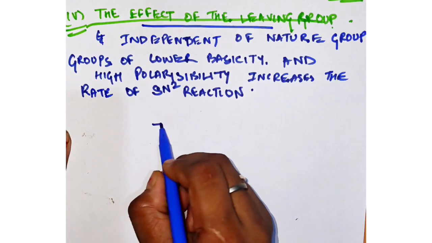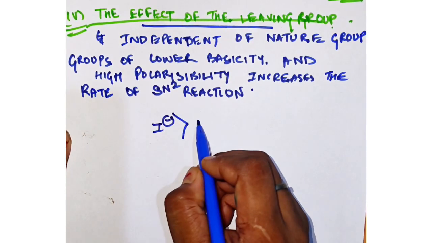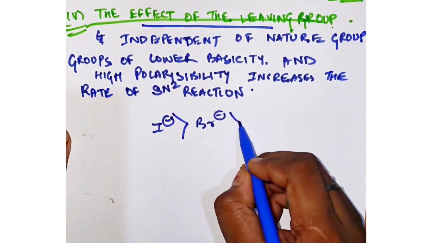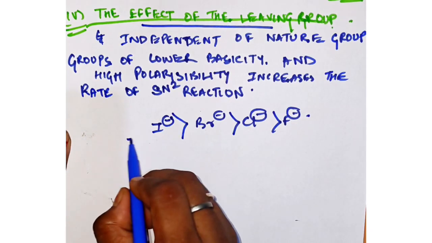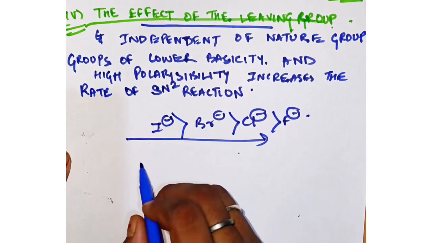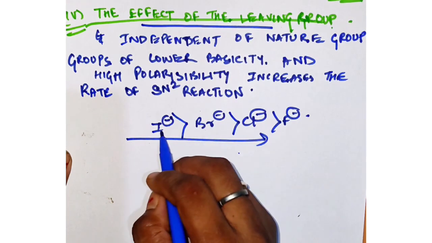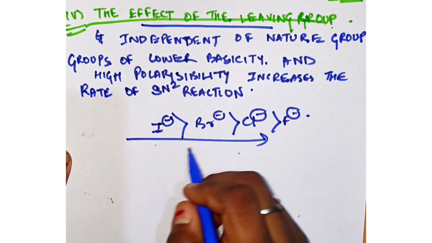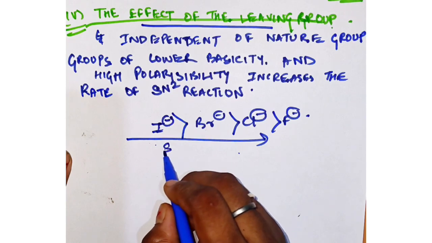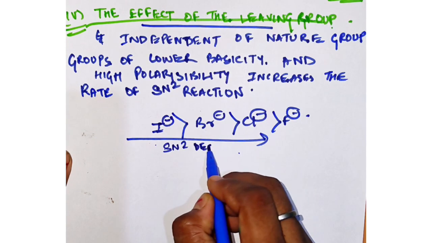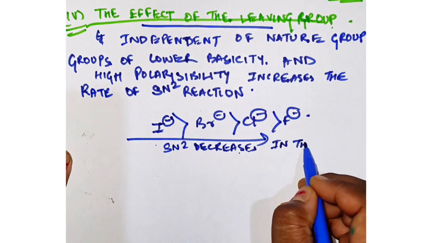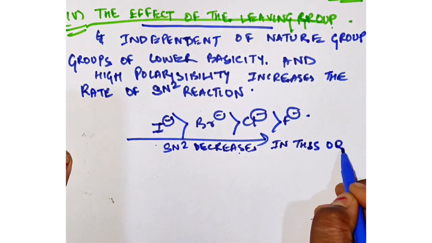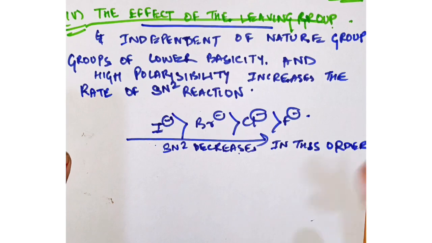Okay, for halide ions, I minus is more than Br minus, more than Cl minus, and more than F minus. On the other hand, this is a very good leaving group. So you can say the SN2 reaction rate will decrease in this order. Okay, so whether it is a good leaving group or not, it doesn't matter.